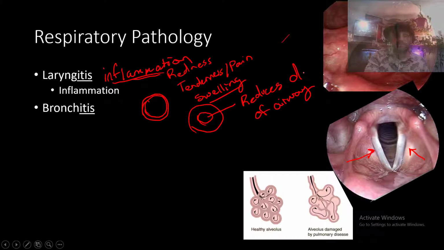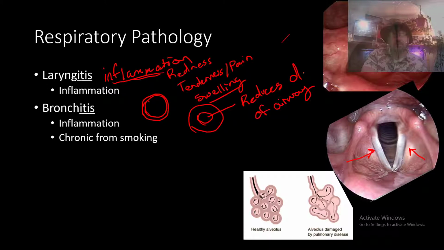Not good for you. It can lead to a little bit of shortness of breath. Chronic bronchitis is a very common side effect of smoking. Smoking is a great way to just completely jack up your respiratory system.